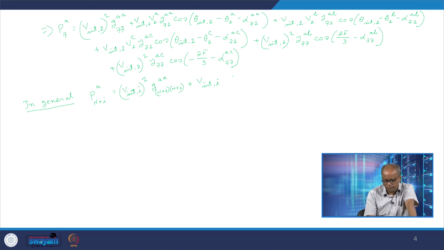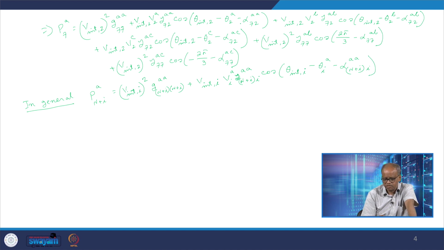Now what is V2A? V2A is V I a, then Y n plus I a cosine theta internal I minus theta I a minus alpha n plus I a.